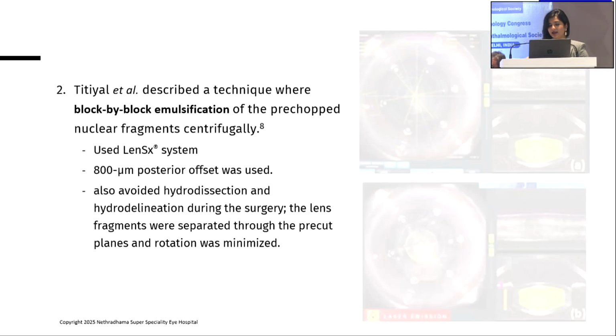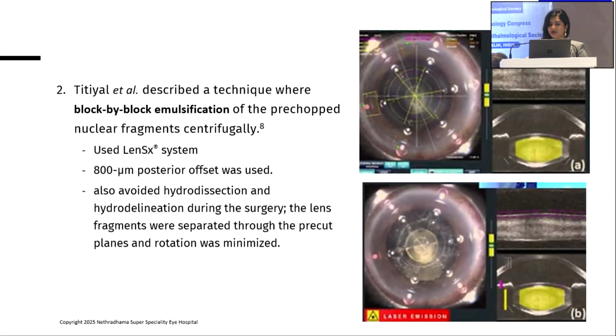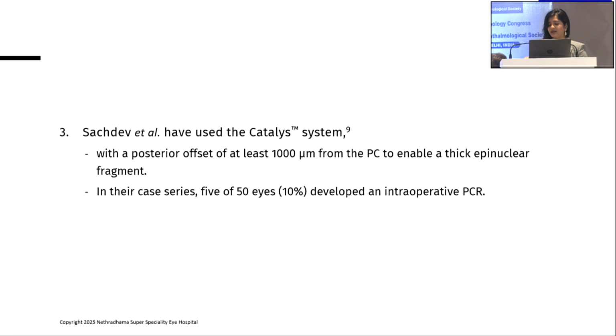Dr. Titiyal and Dr. Mahipal described the block-by-block emulsification, which is a preferred technique which I have also done recently, which is very easy to core out the cataract with these cylindrical pieces. Dr. Mahipal et al. also used the Catalys system, and they have an offset of 1000 microns from the posterior capsule to enable better penetration.